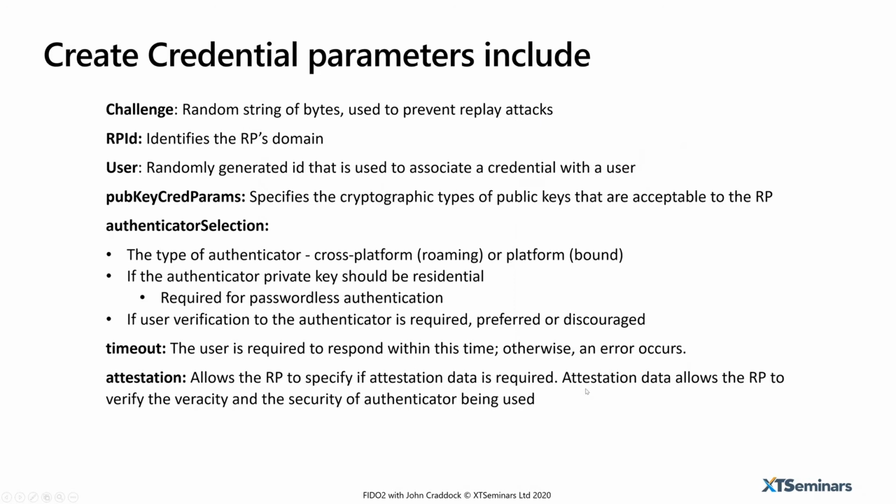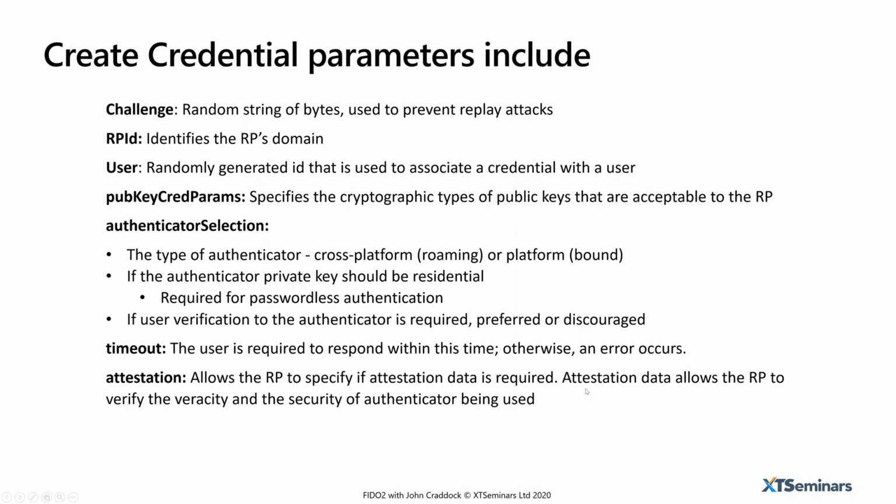So number one, we send back a challenge, and we always send back a challenge. A challenge is just a random string of bytes, and what the client can do is sign that challenge and send the challenge back. And then the person that sent the challenge in the first place, the relying party, can actually verify it. And it can be used for prevention of replay attacks.